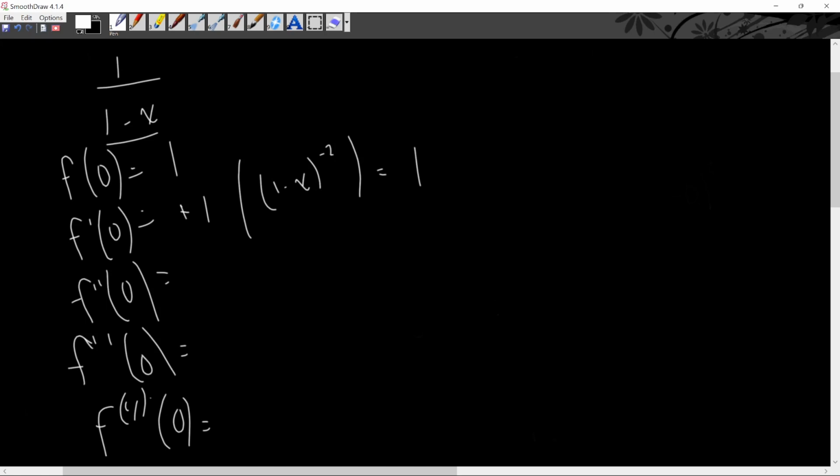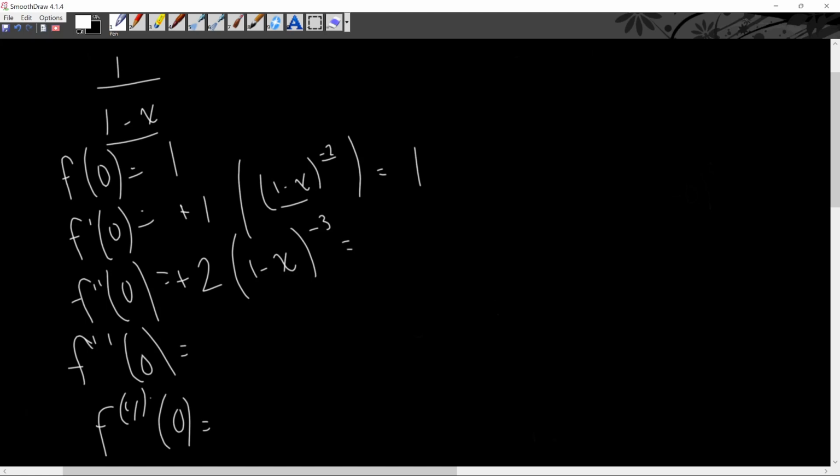And now f double prime 0, we have 2 times 1 minus x to the negative third power, right? So we're just going to multiply this outwards to the front, and then do the derivative of this, which is a negative number. So negative and negative leads to a positive 2, and then you do minus 2 minus 1 to get negative 3.